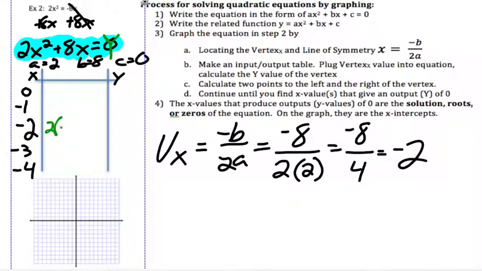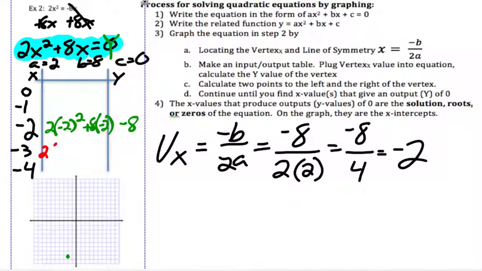So 2 times negative 2 squared plus 8 times negative 2. When I plug that in, I get 4. 4 times 2 is 8. Plus negative 16. I'm getting negative 8 in my head. So negative 2, comma negative 8. Right about there.